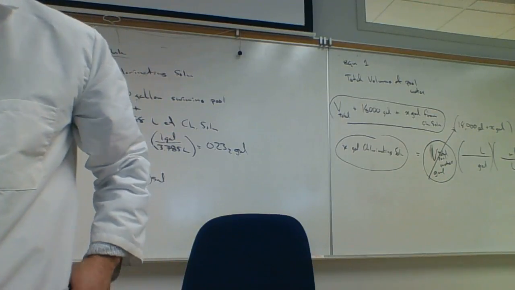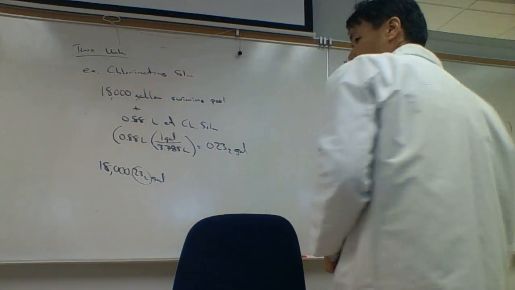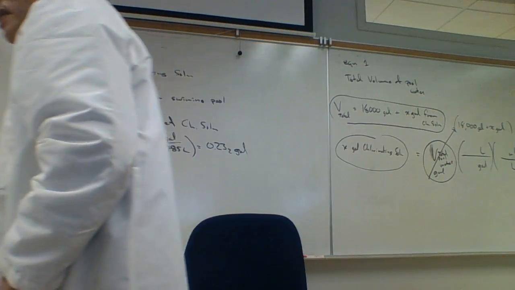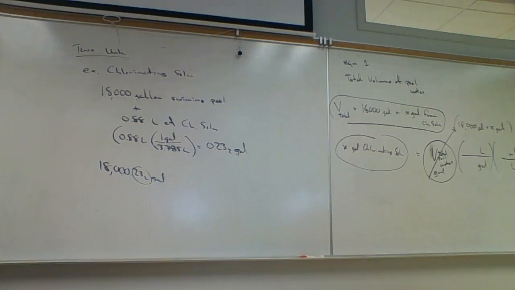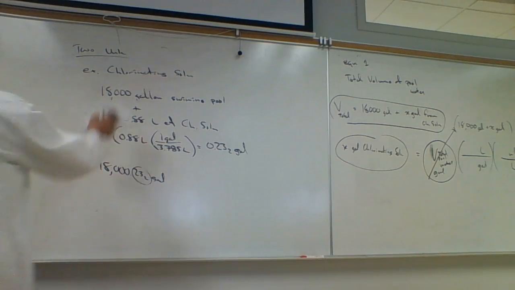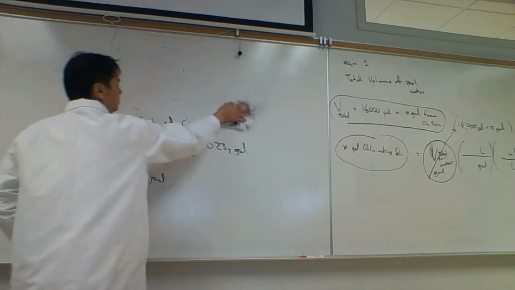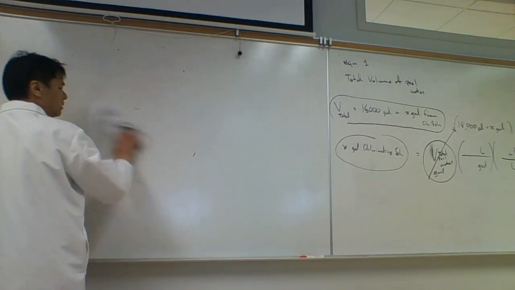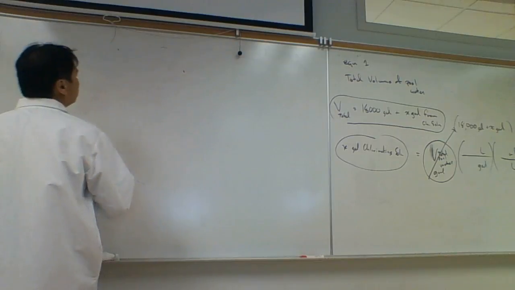All right, so experiment 2, measurement. One thing that I said earlier is that exact numbers do not contain uncertainty, but all measurements contain uncertainty. And how do we show this uncertainty?